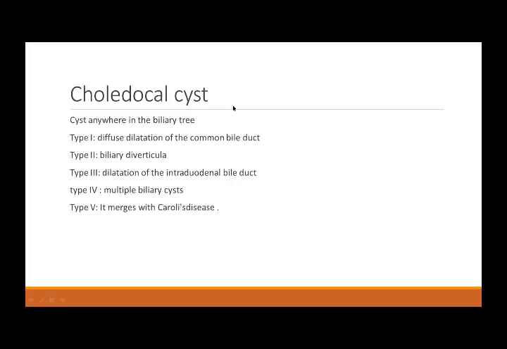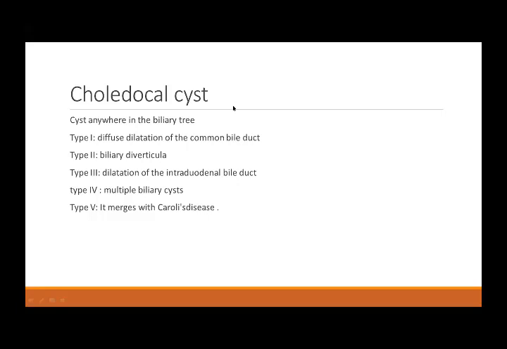These topics are very rare and probably not as important as the topics we discussed before for your professional exam. So a cyst anywhere in the biliary tree, a diffuse dilatation of the common bile duct.